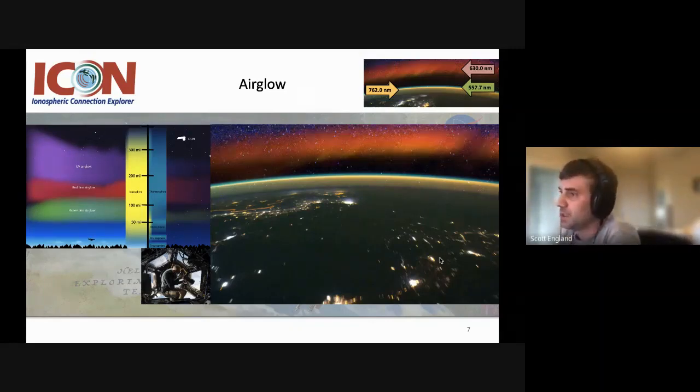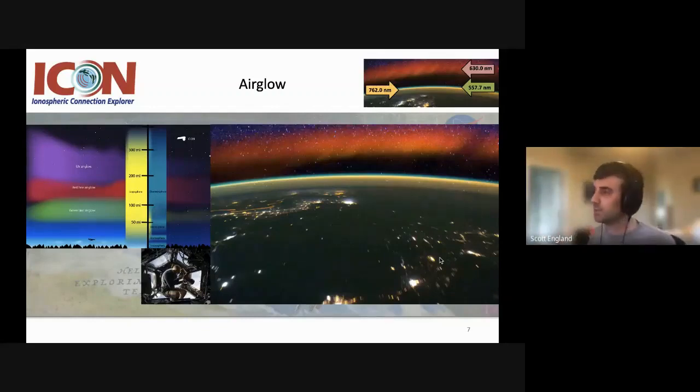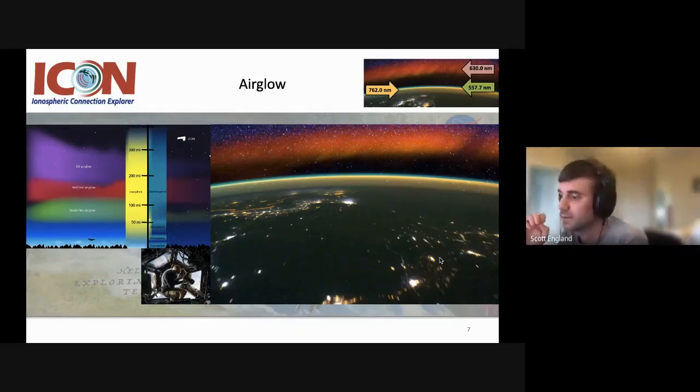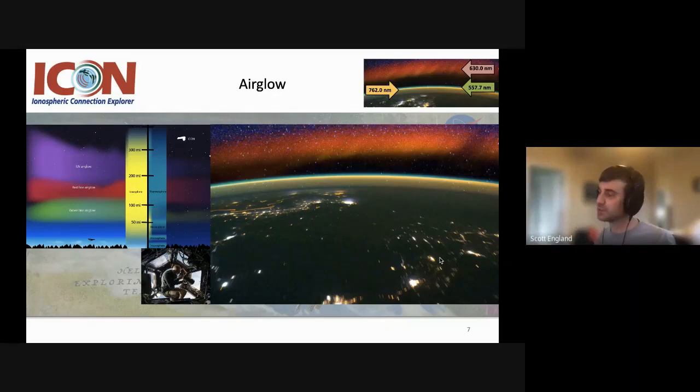By the time we get up to the upper atmosphere, starting maybe around the mesopause and up, those collisions become less frequent. And so that atom or molecule in its excited state might de-excite by emitting a photon, which usually takes some time. It usually needs some time between collisions before it can do that. And so we get this phenomenon of airglow.